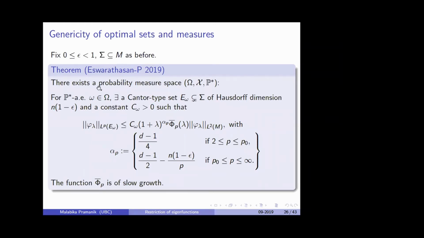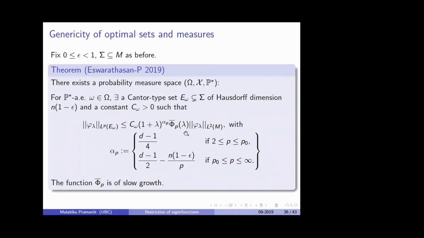We are able to find a measure space capital omega equipped with a probability measure P star such that P star almost surely, every element little omega in capital omega generates a Cantor-like subset E sub omega of Hausdorff dimension n times 1 minus epsilon, which obeys an eigenfunction restriction estimate with exponent alpha p, modulo a function of slow growth.